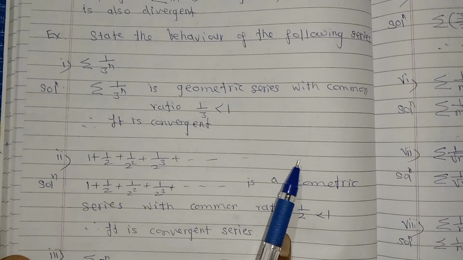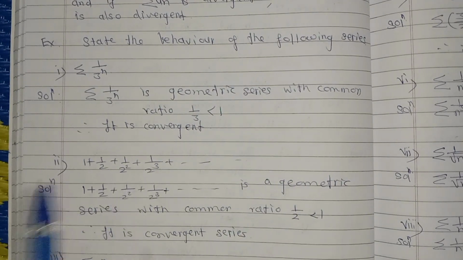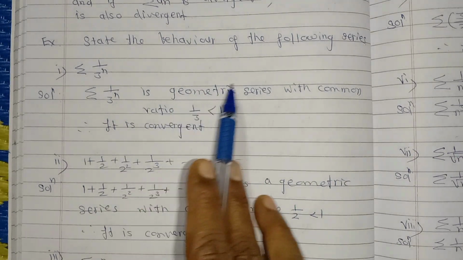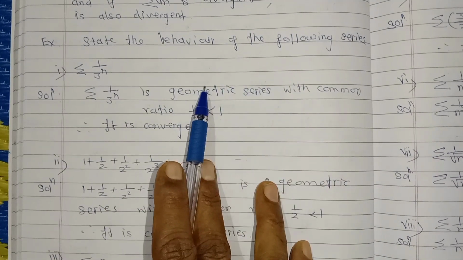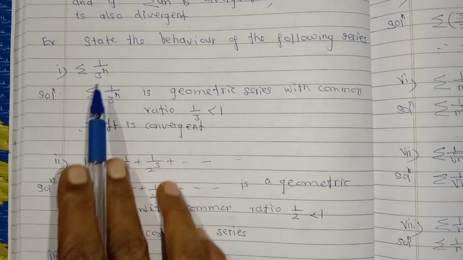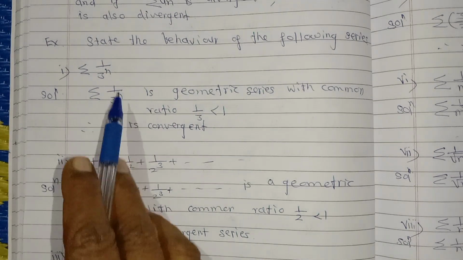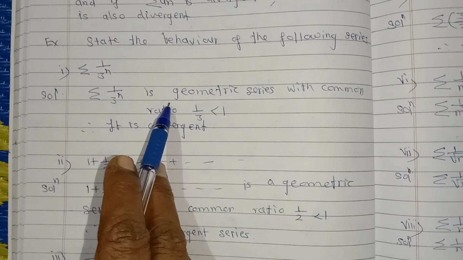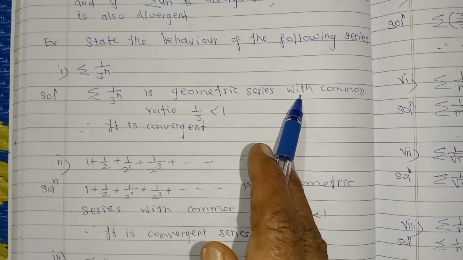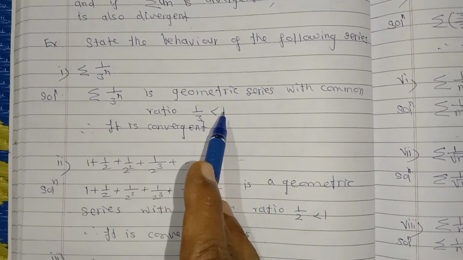Now we consider some examples. State the behavior of the series. First example, summation 1 upon 3 raised to n. The series summation 1 upon 3 raised to n is a geometric series with common ratio 1 by 3, which is less than 1.